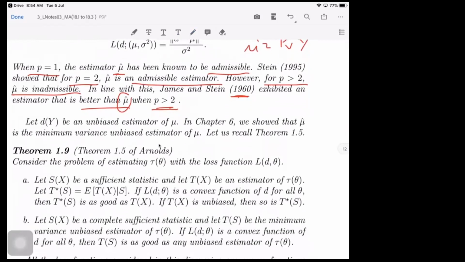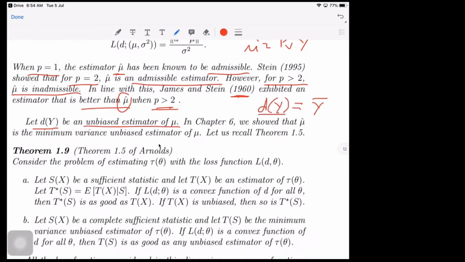So to see this, let an estimator D, a function of Y, be an unbiased estimator of mu. One candidate is Y bar, because we know that Y bar is an unbiased estimator. So this will be mu hat.